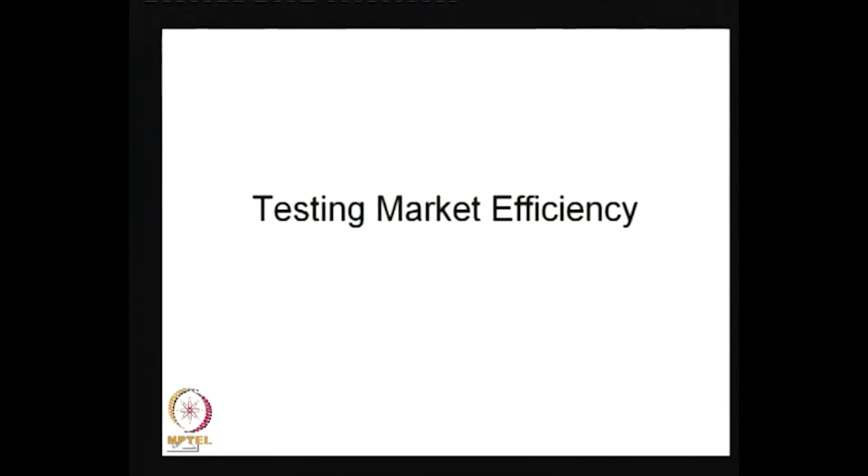Okay, good morning. In the previous class we talked about different forms of market efficiency, how these different forms can be defined, and what exactly the efficient market hypothesis is.